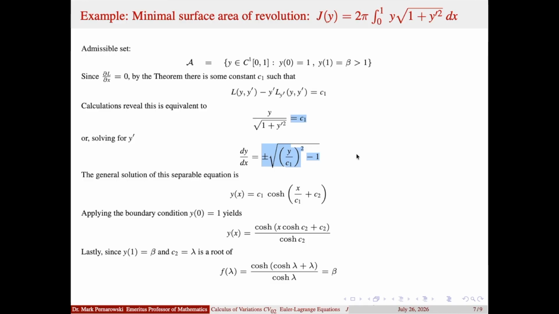Now, that is a separable first-order differential equation. I can take all of this, I can go dy divided by all of this is equal to dx, and integrate both sides. So the solution depends on taking 1 over what I'm highlighting, 1 over this, and then integrating in y. That's doable.